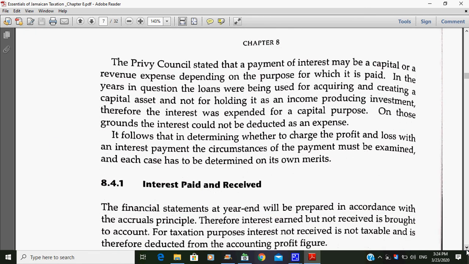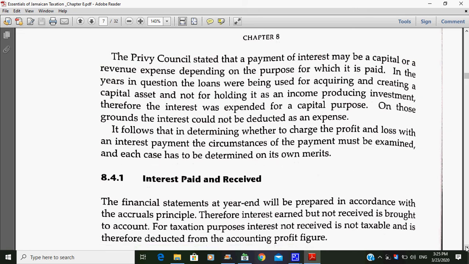It follows that in determining whether to charge the profit and loss with the interest payment, the circumstances of a payment must be examined, and each case has to be determined on its own merits.